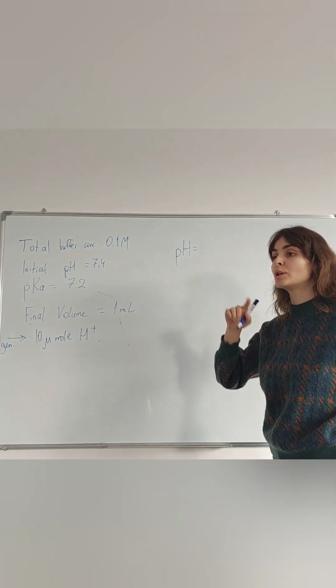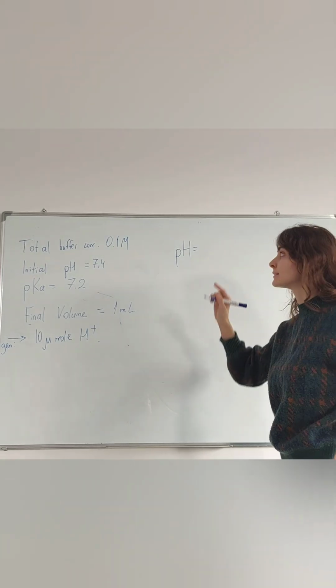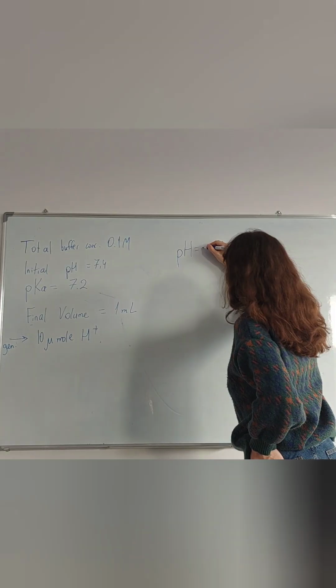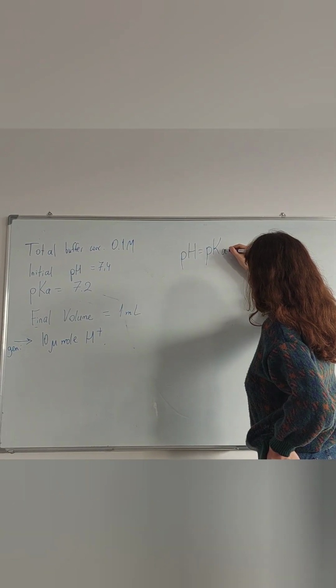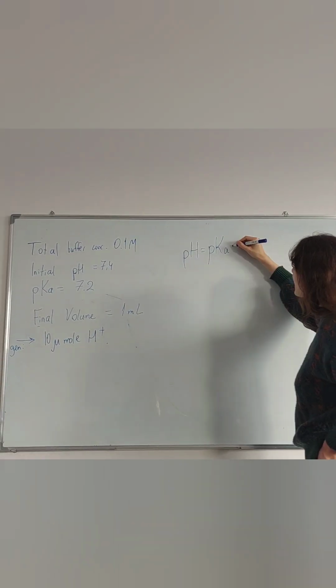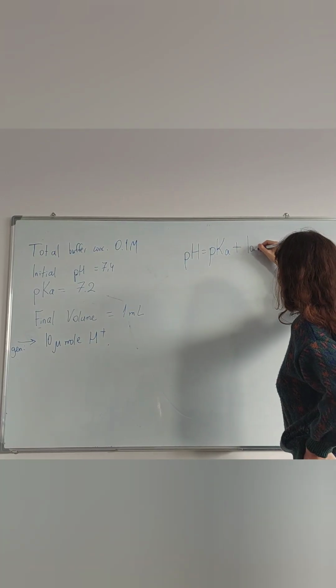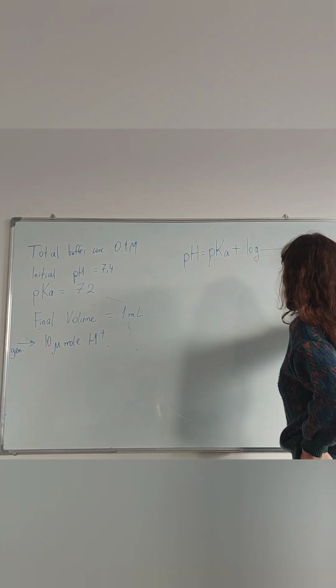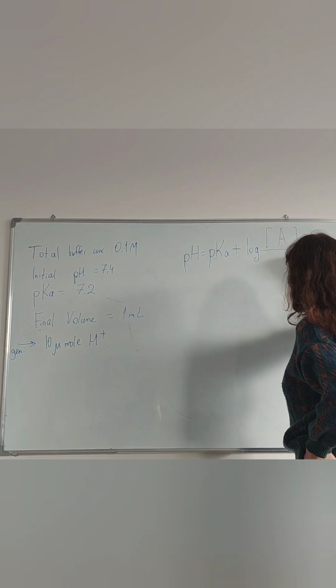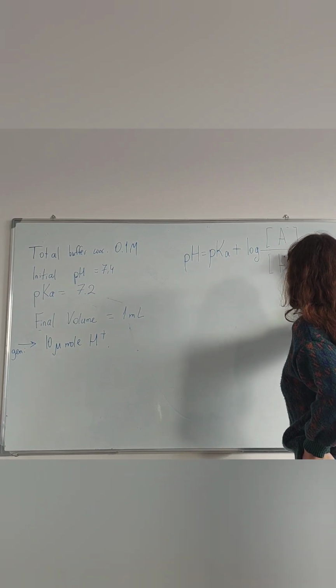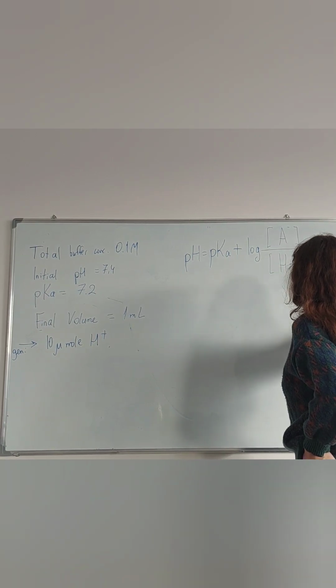Okay, so the ratio between the conjugate base and the acid. Now let's write it out. pH equals pKa plus the logarithm of the conjugate base concentration over the weak acid concentration.